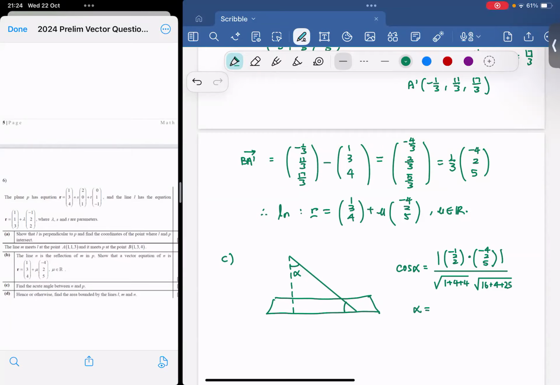So cosine alpha equals 18 divided by square root 9 times 45.